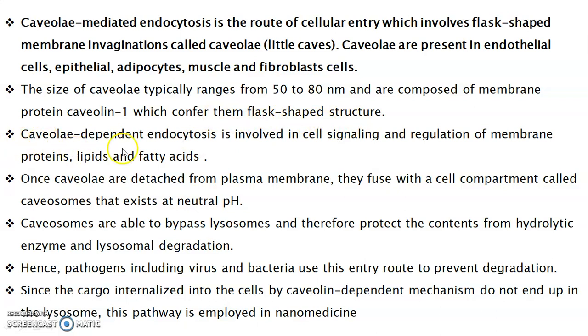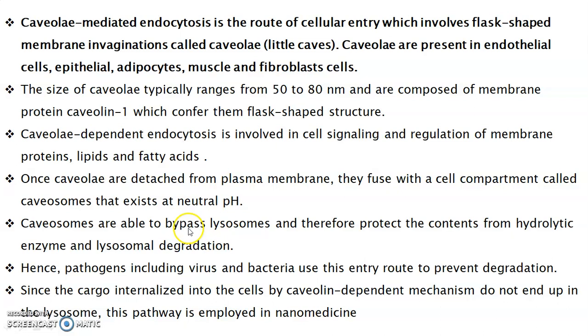Caveolae dependent endocytosis is involved in cell signaling and regulation of membrane proteins, lipids, and fatty acids. Once caveolae are detached from the plasma membrane, they fuse with a cell compartment called the caveosomes that exist at a neutral pH.